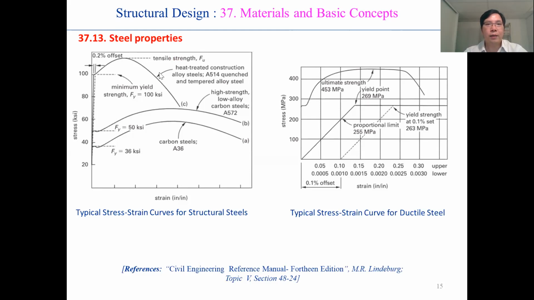The first one is for heat-treated constructional alloy steel, the second one is a high-strength low-alloy steel, and the last one is carbon steel A36. This diagram shows the relation between the stress and strain of 3 different steels.